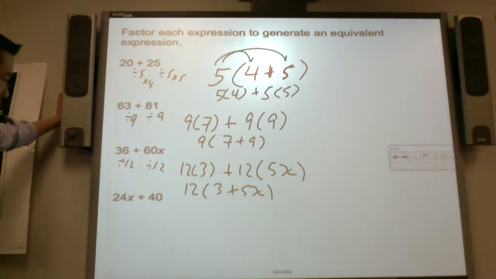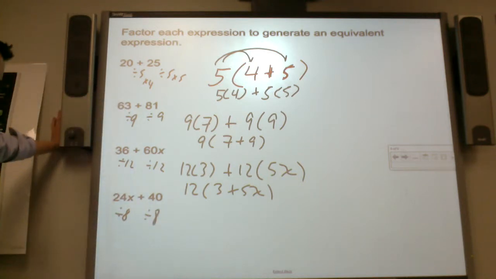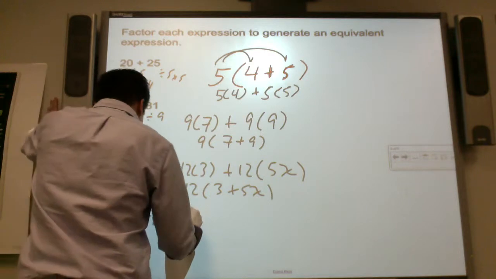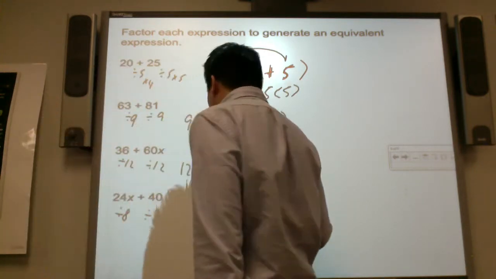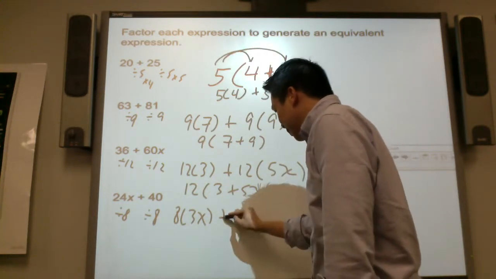And last but not least, 24x plus 40. What is the greatest factor that goes into 24x and 40? 8. I can divide both of these numbers by 8. So if I divide both numbers by 8, that's 8 groups of 3x, and 40 divided by 8 is 5, so 8 groups of 5.